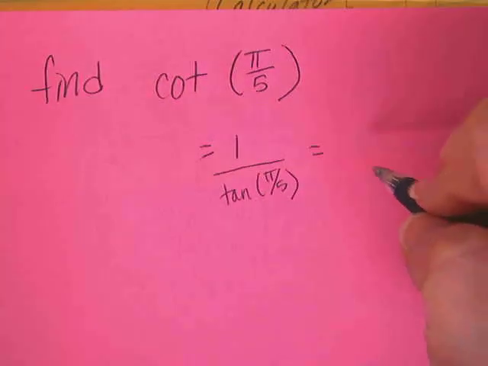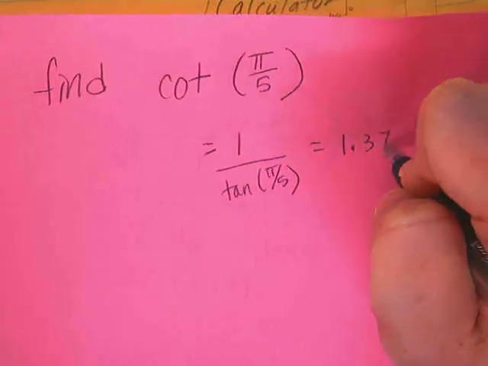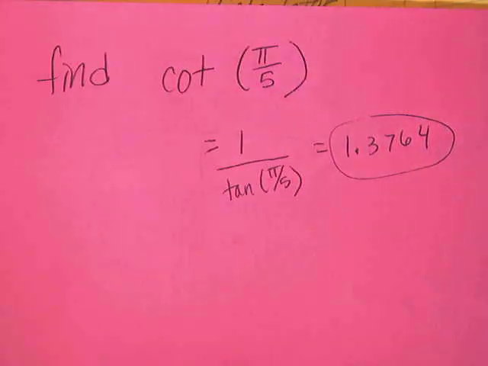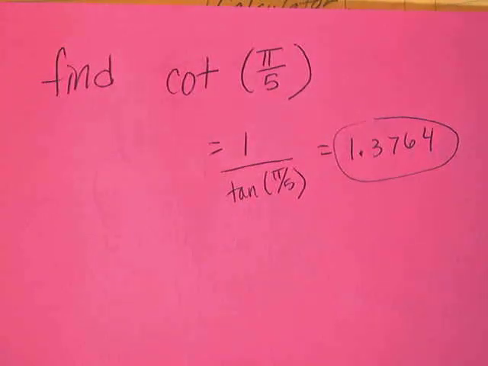Okay, if you did it correctly, you typed it into your calculator as 1 divided by the tangent of pi fifths. So the answer would be 1.3764 if you round it to 4 decimal places. Got it? The tricky thing is going to be remembering this little detail later.